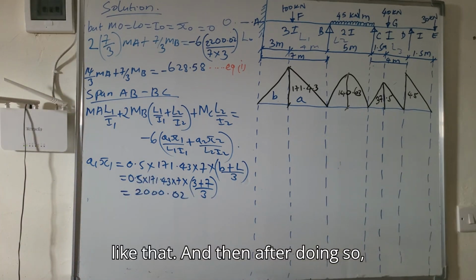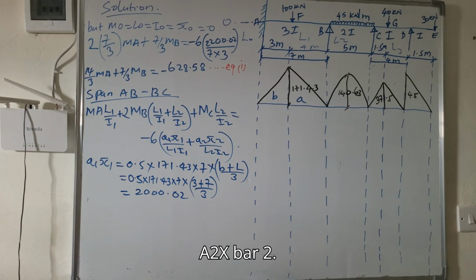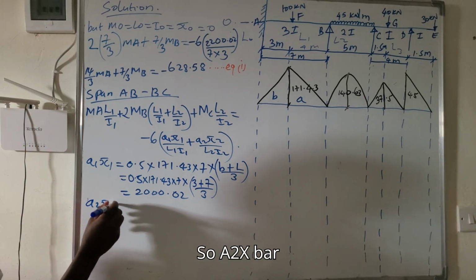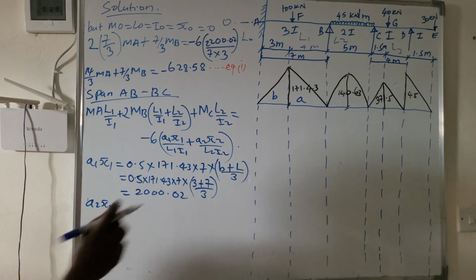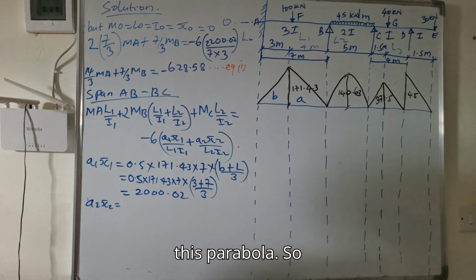And then after doing so, we will go ahead and calculate A2 x bar 2. So A2 x bar 2 will be the area times the centroid of this parabola.